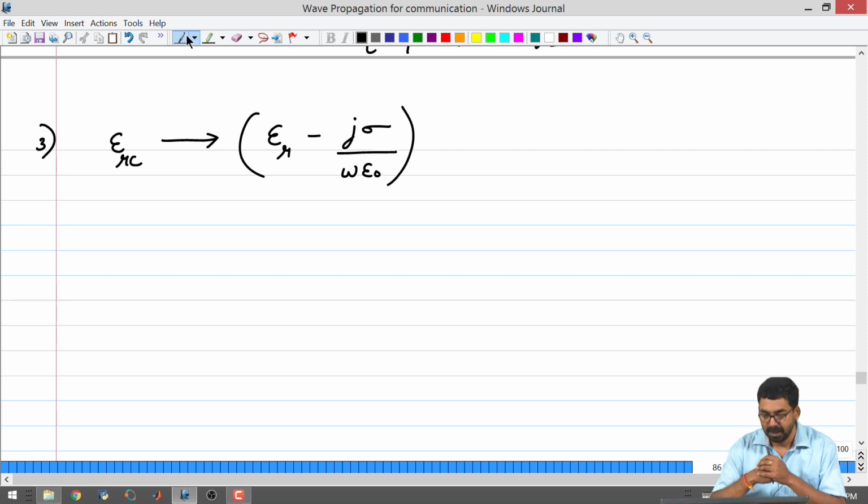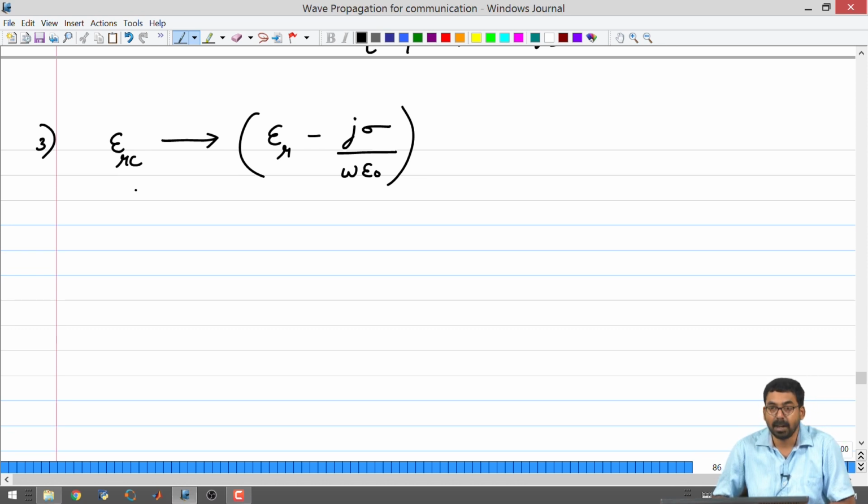Epsilon naught is a constant, 8.854 times 10 to the negative 12. But depending on the frequency, epsilon r c can change. Even if you keep the relative permittivity, conductivity and the permittivity of vacuum fixed, depending upon the frequency the complex permittivity can change.